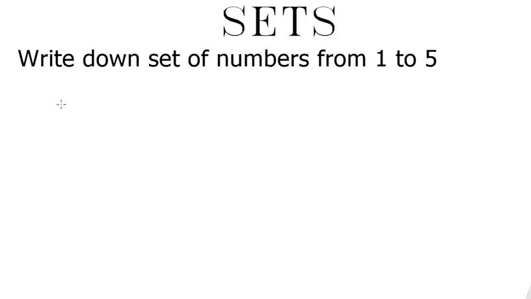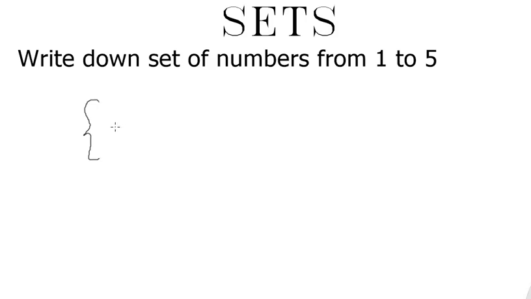So remember, to show that your set is beginning, you first start with your brackets, right? And let us first identify what elements will constitute this set. What elements will be in this set? We've got number 1, 2, 3, 4, and 5, right? And we said each element will be separated from the other element by a comma.